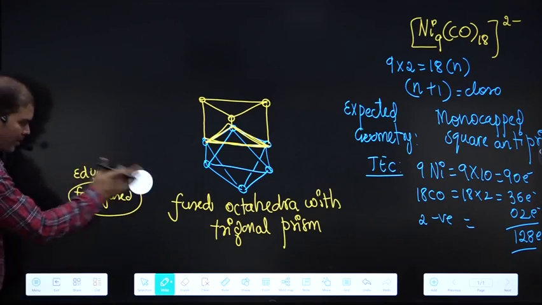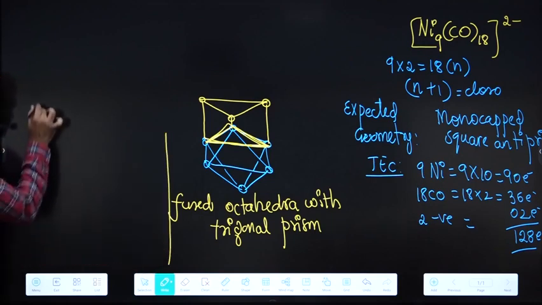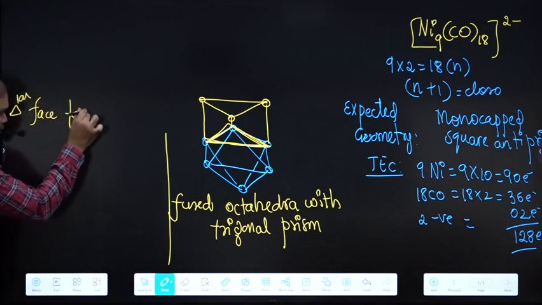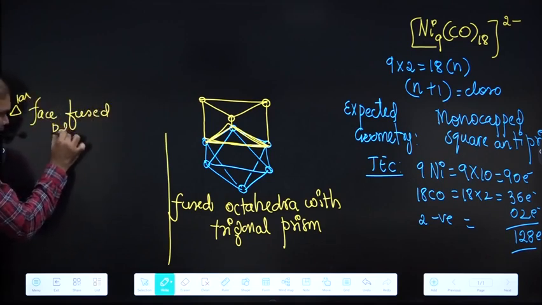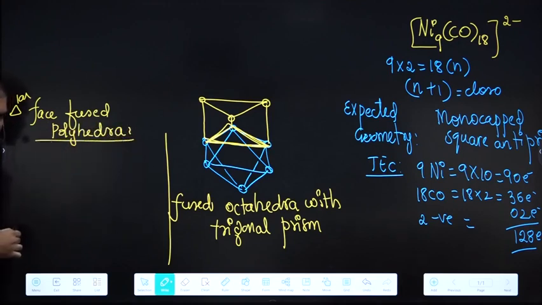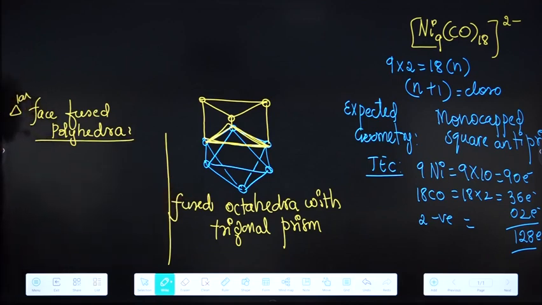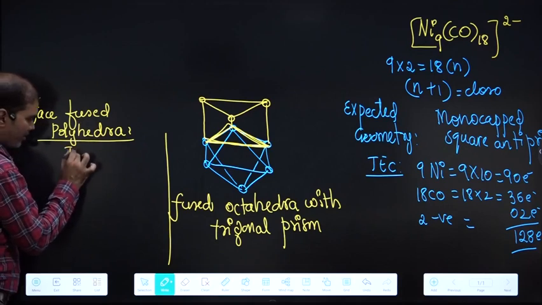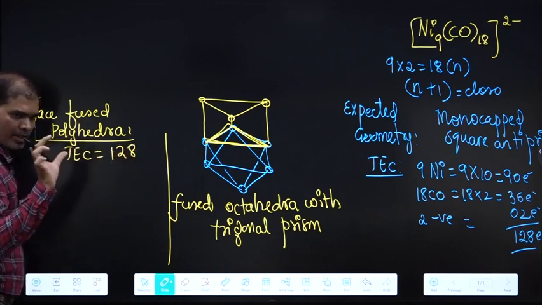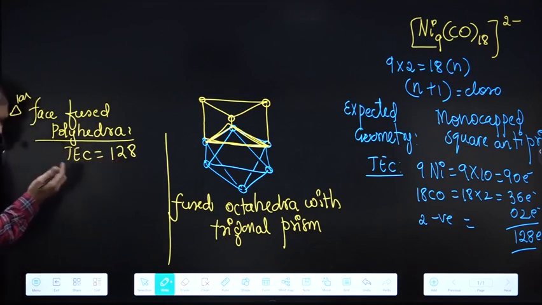According to our theory, now, is our theory right or wrong? Let us check. If I say it is a face fused polyhedra or a condensed polyhedra, what should be the total electron count? How much is the total electron count you got? 128. So how do you get the 128? You take the individual total electron count of the two polyhedra, then subtract 48 from that.